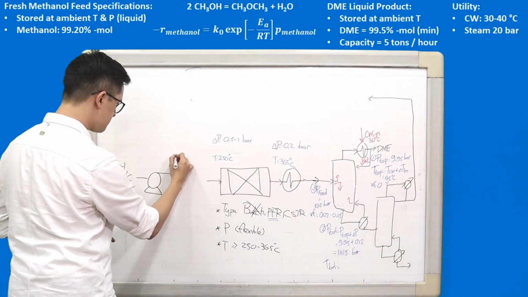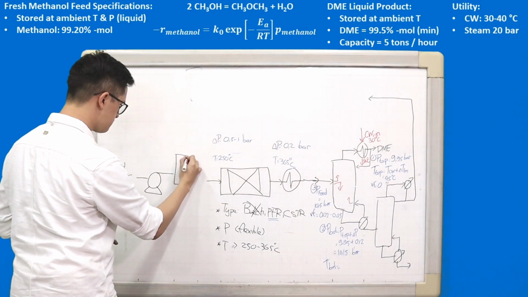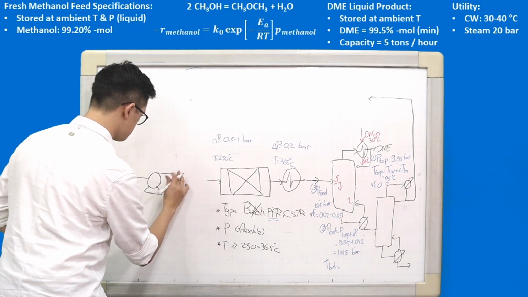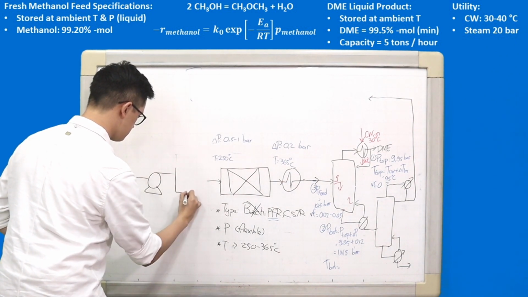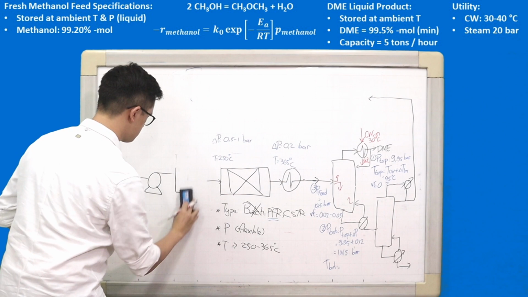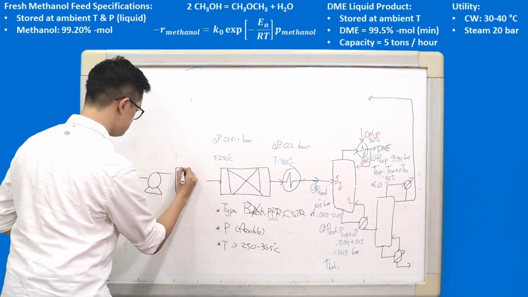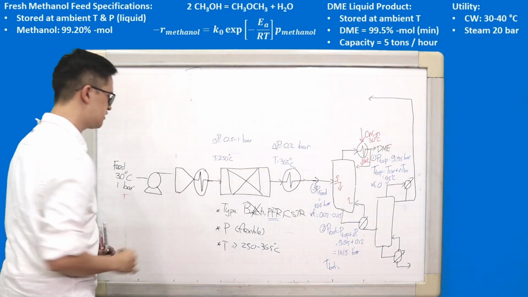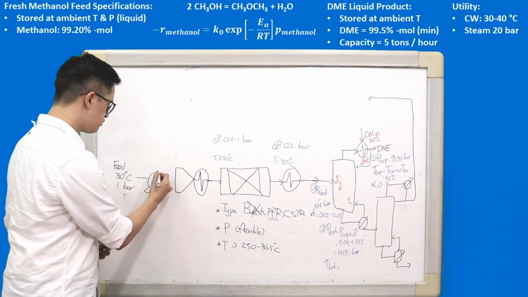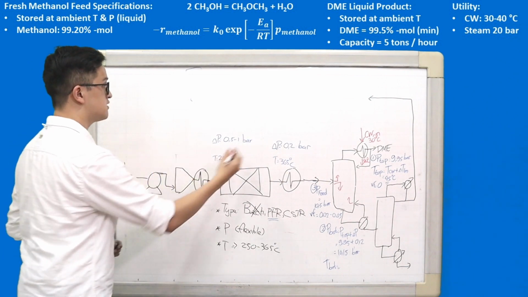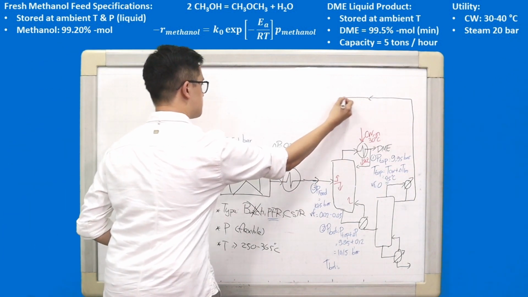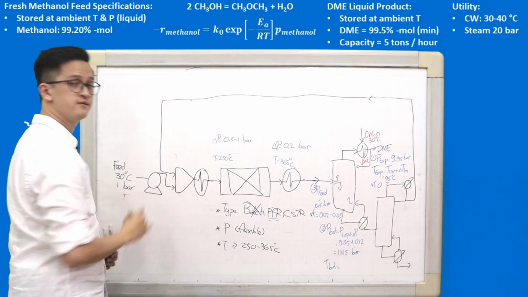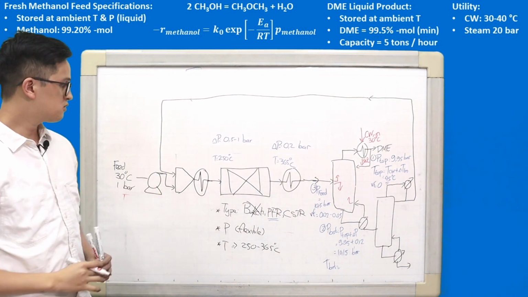So now I'm going to add a mixer, and after that I add the heater. Okay, in that case I can link my recycle stream back into my mixer. So the flow sheet is almost done.